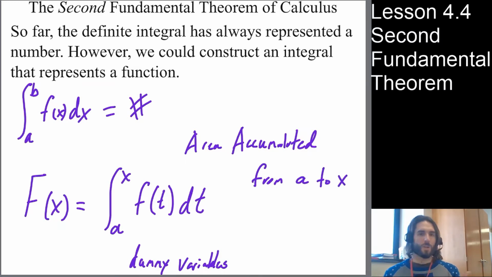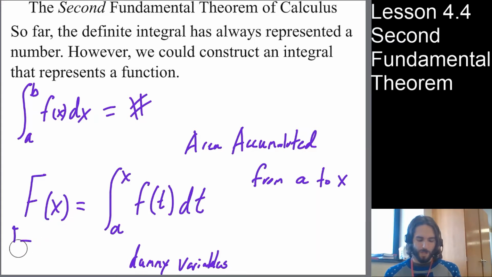So whatever your starting point is, this function will tell you how much area you've gained for any number x that you want to plug in. Because remember, the integral is just an operation that sums up little tiny pieces of area up to a point that you tell it to stop. So that's what the second fundamental theorem of calculus deals with, is this kind of thing that we get. If we go from a to x, we get a function of x out.